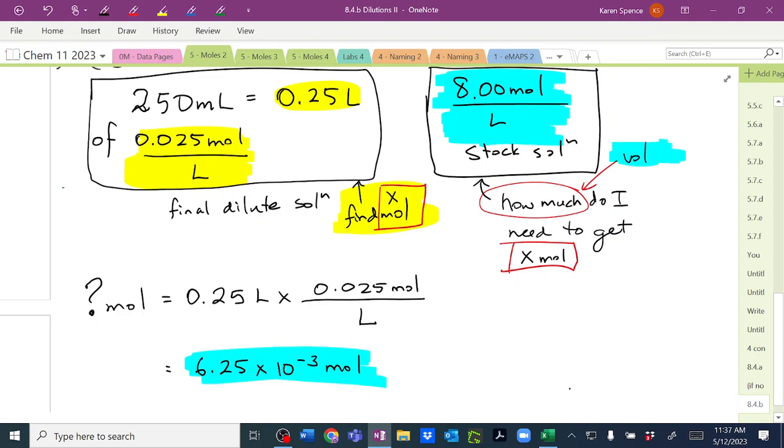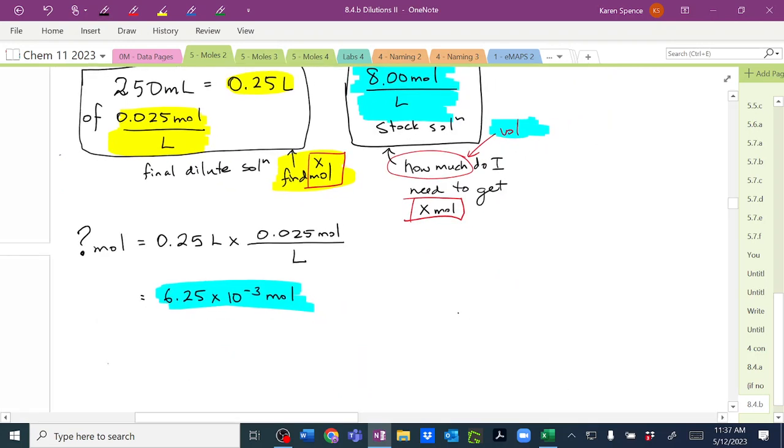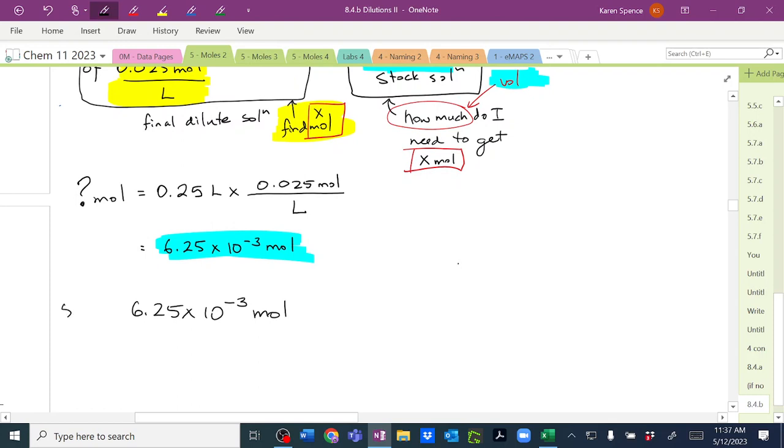So if I now know 6.25 times 10 to the negative 3 moles, and I know that the stock solution is 8.00 moles per liter, can I find the volume?